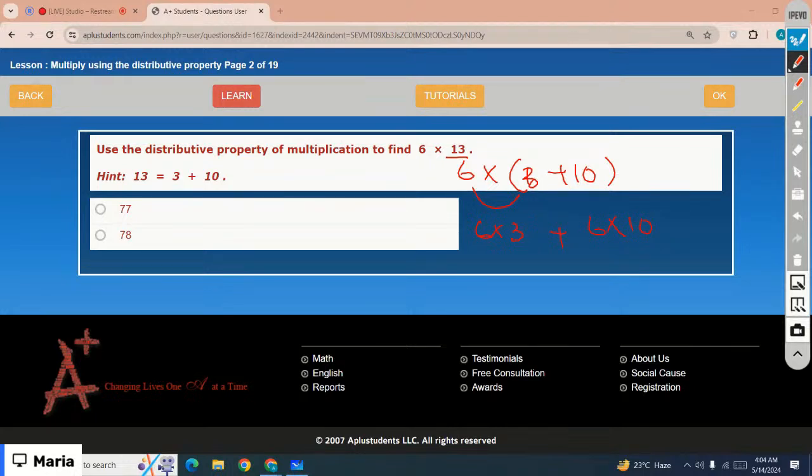So the correct option is 78. 78 is the correct option, right?